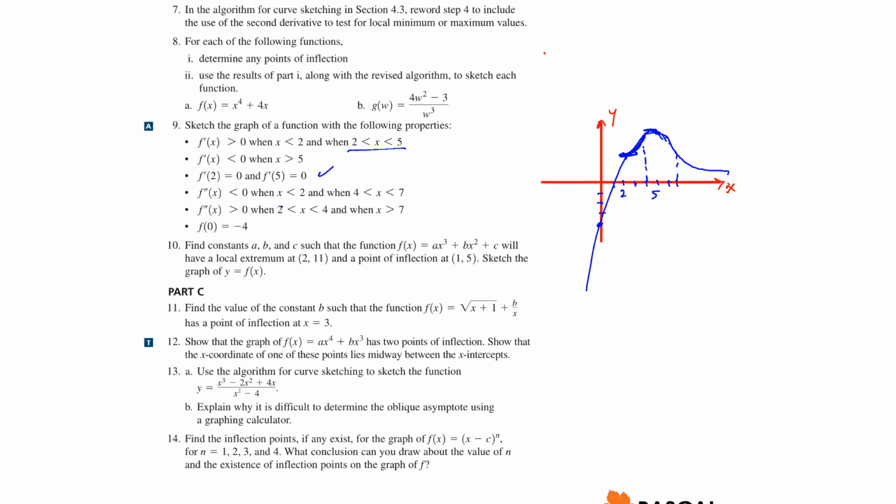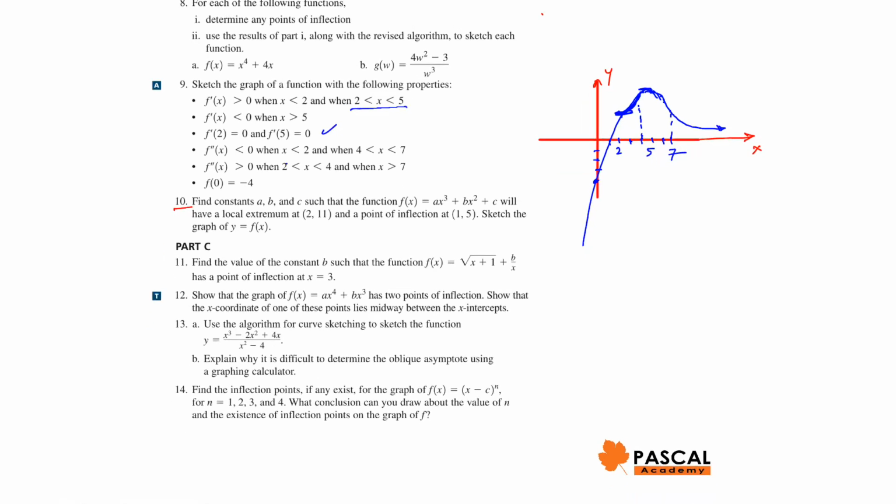Less than 2, concave down. After 5, it is decreasing. After 7, it is concave up. The graph of the function is something similar to what we sketched here.